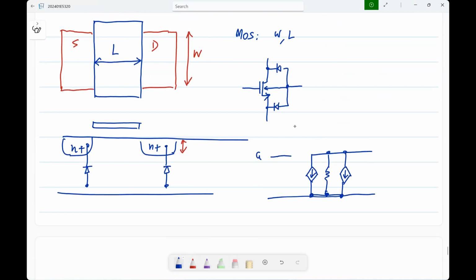So this is the gate, source, drain, and the bulk. There is no current flowing. This is gm·vgs. This is a conductance gds, and this is gmb·vbs. Okay, and each of these, you know how to relate to the dimensions of the transistor and the operating point, right? Okay, so that we have already done. Actually, gmb I have not done, but it's quite easy.